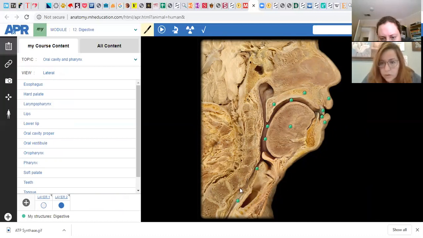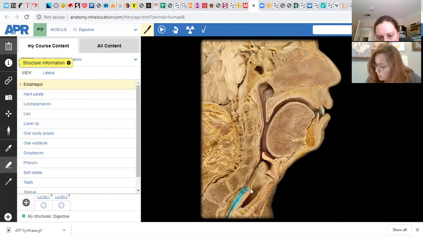You can't really see it, but we know that it's where the esophagus starts. So it's going to be right in here. That makes sense. It's not going to be anything special or easy to see because it's just a slight thickening of the smooth muscle, but it's an important structure since it controls the opening of the esophagus. So no, they didn't specifically point it out, but it's right here.